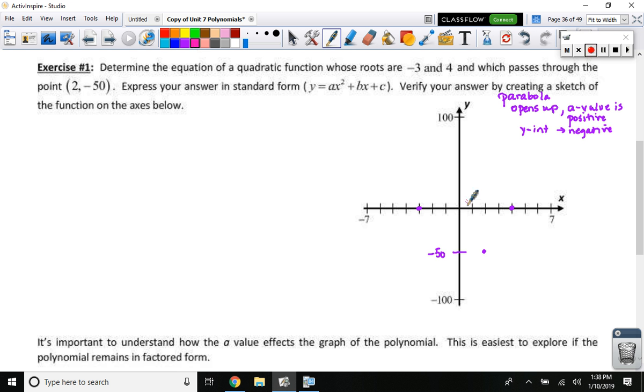X equals 0.5. How did he magically make that occur? Oh, it's the middle of the roots, right? Don't they have to be balanced on both sides if they're both sitting on the x-axis?